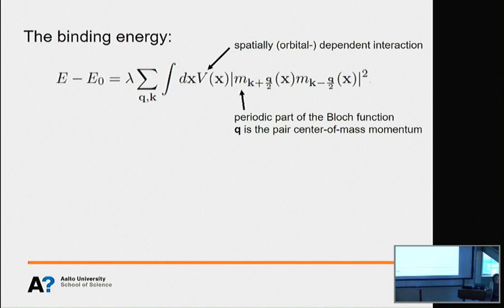There is one question. When you say multiband, is it that only one band is a flat band and the others are not, or are all the bands flat? The question was, does it matter whether all the bands or one band are flat? It doesn't really matter. I always focus on the physics that happens in one flat band, but there are many other bands, and those can be either dispersive or flat.